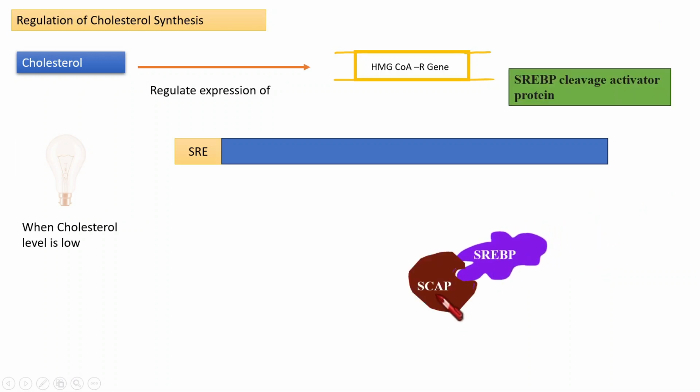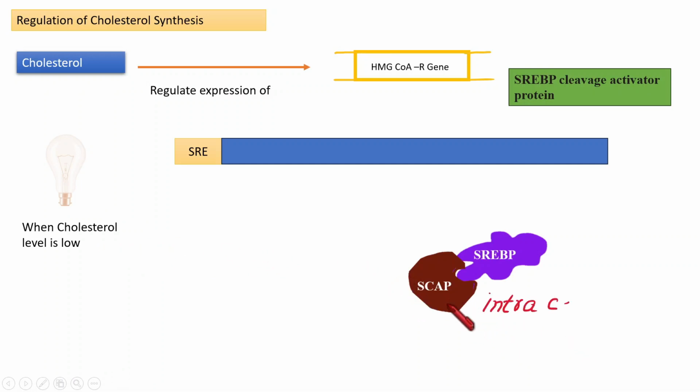Its name is SCAP. SCAP means SREBP cleavage activating protein. This protein has some significance. It is a sensor. It senses the level of cholesterol inside our body. It can sense the low level of cholesterol.